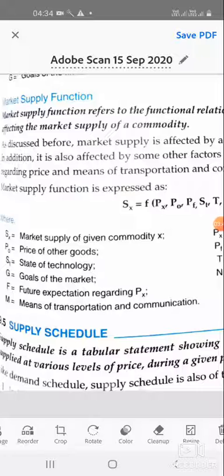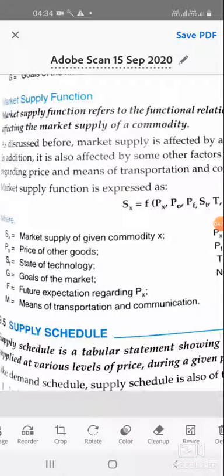As seen in the schedule, quantity supplied of a commodity increases with an increase in price. This is because an increase in price results in an increase in the profitability of the firm, so the firm offers to sell more units of the commodity.